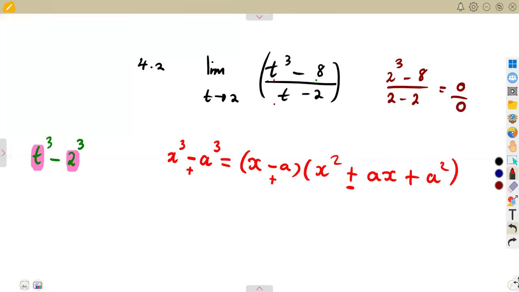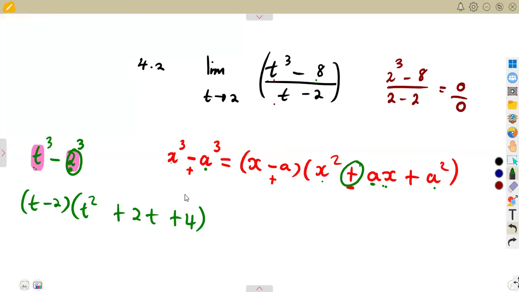So using this identity, you can factorize this: first minus the last term, into the first term x squared, which is t squared, plus ax, which is the product of the first and the last, 2 times t, which is same as 2t, plus a squared, which is the last term squared, which is 2 squared, and 2 squared is 4.